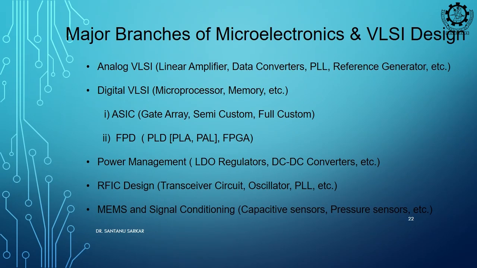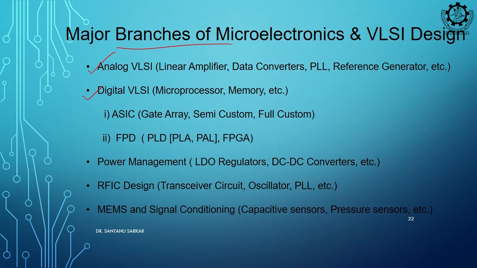So, if we talk about the few major branches in microelectronics and VLSI design, you already know that one major aspect is analog design, next is digital design. In analog design also you could have a requirement of low power design. Okay. In analog design generally we exploit sub threshold design, we try to keep the transistor in sub threshold so that power is less.